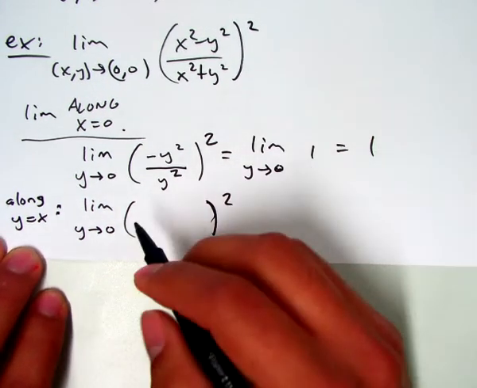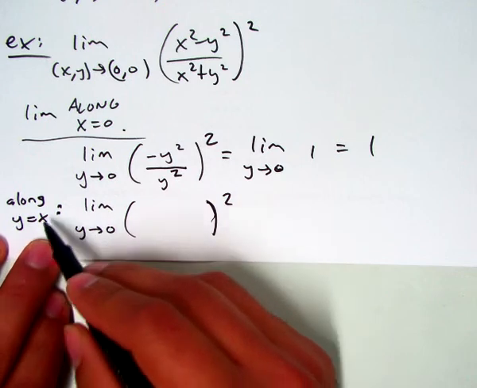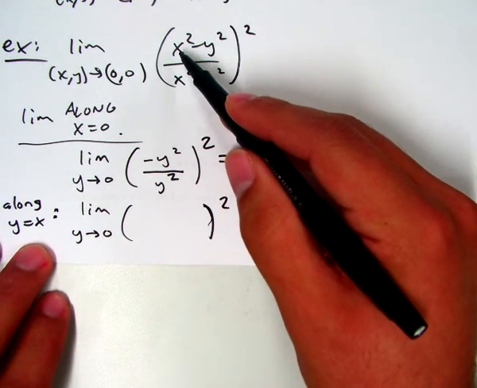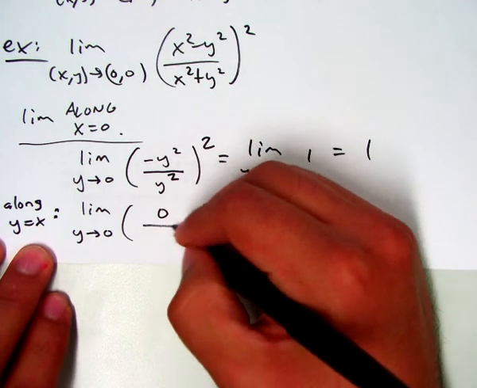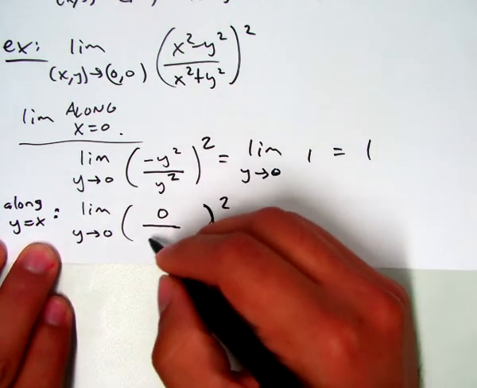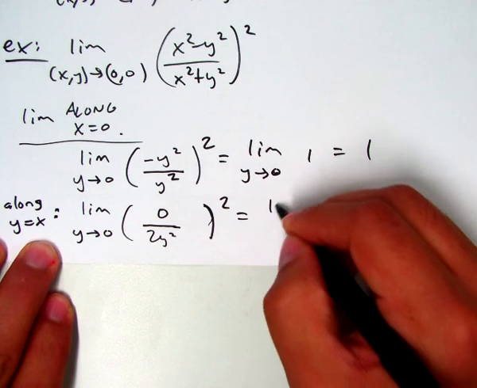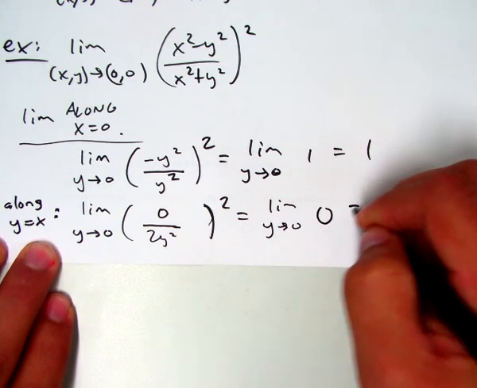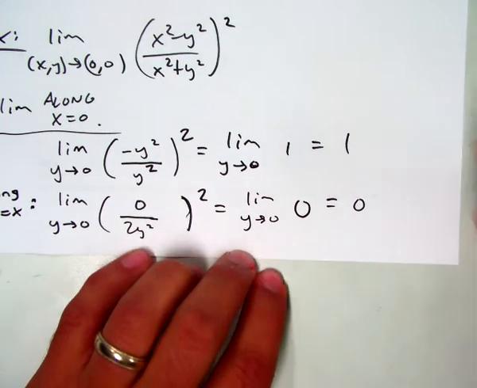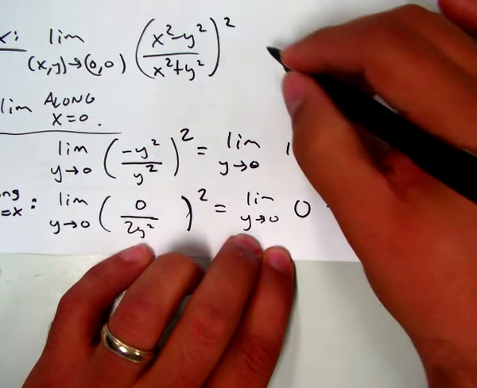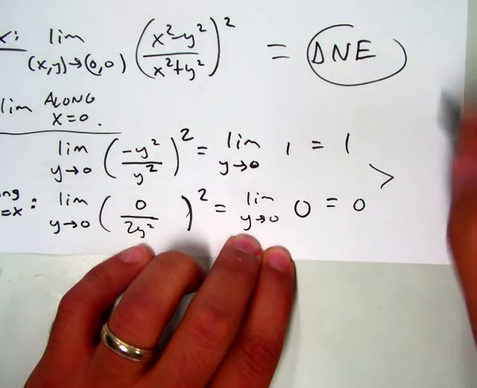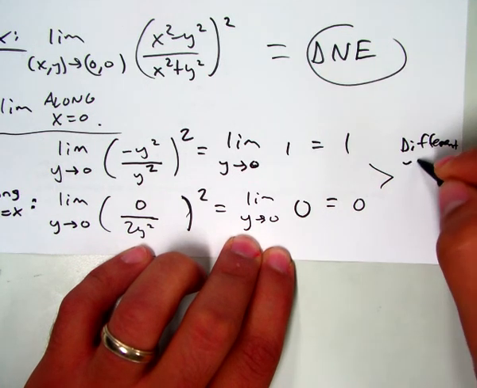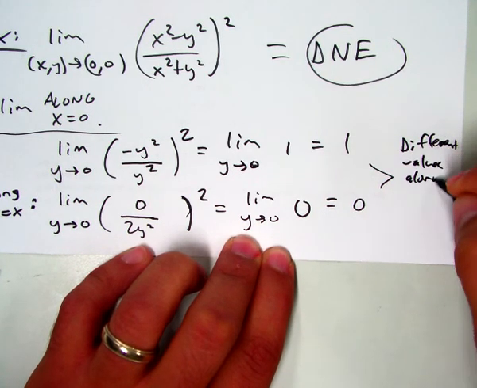If I plug in y equals x, or x equals y, the numerator becomes what? 0. And now my denominator, I get 2y squared, which is the same as the limit as y approaches 0 of 0, which is 0. So what did we just show? We showed that the limit does not exist because these are different values along different paths.